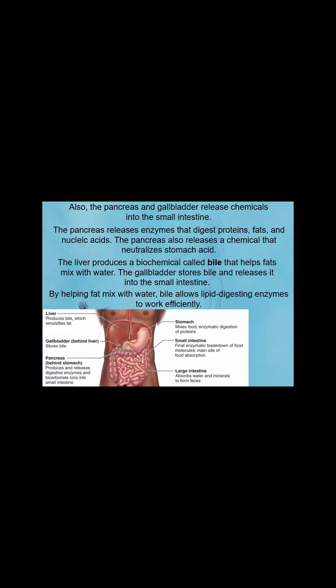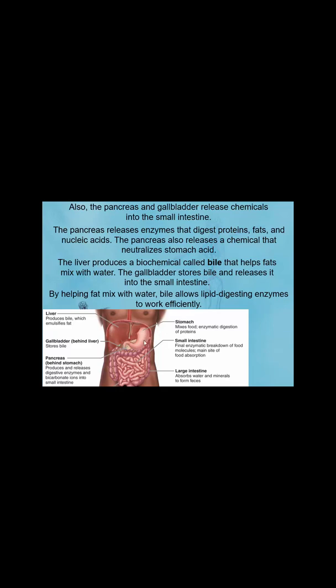Okay, this diagram is going to show you basically some of the organs of the GI tract and kind of what they do. Liver is primarily concerned with detoxifying poisons and breaking down and digesting fats. The gallbladder stores bile, and sometimes it'll get clogged, and you can actually have a gallbladder removal, and your body will function fine without it.